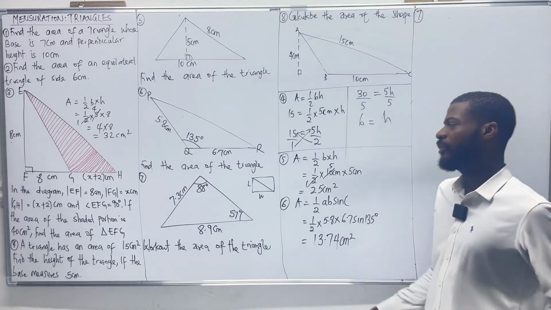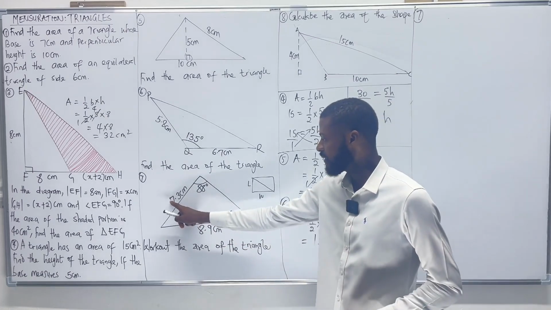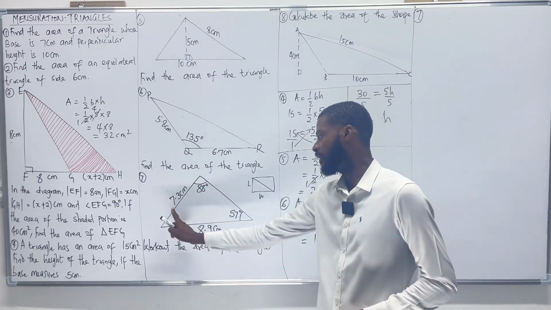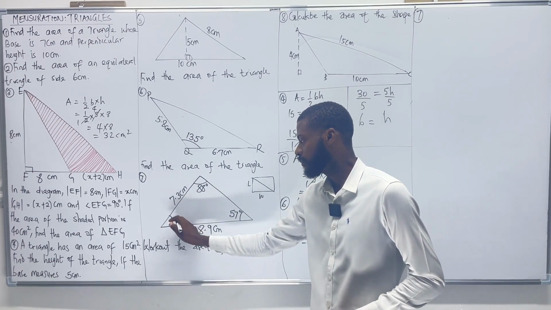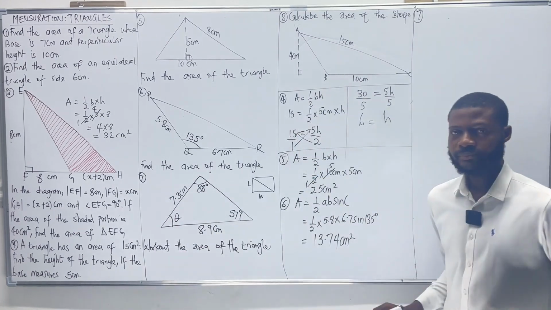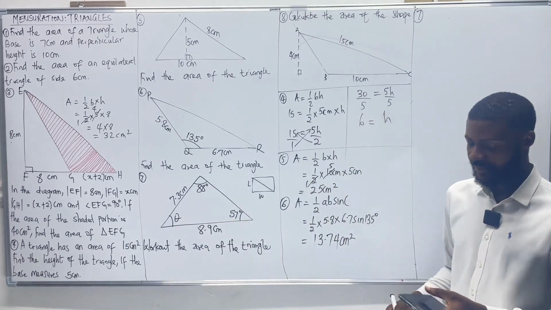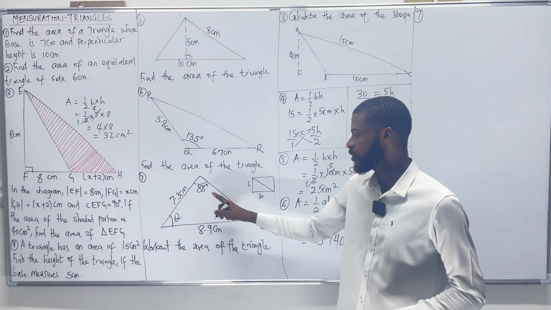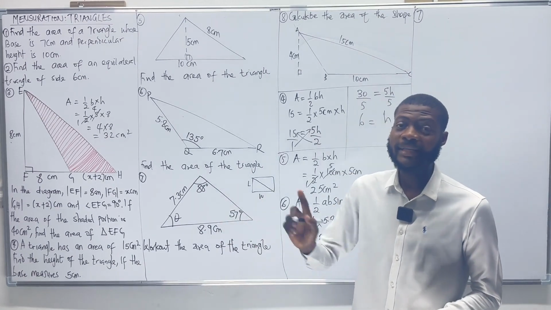Now, question 7, we also need to use the same formula, but there's a problem. This is 7.3, this is 8.9. There should be an angle between these two sides, but now that angle is not known. But it's not hard, because we're given these other two. The angles in a triangle must sum up to what? 180.